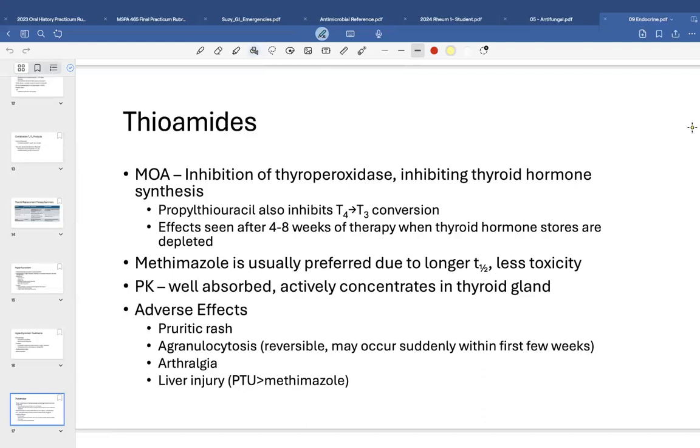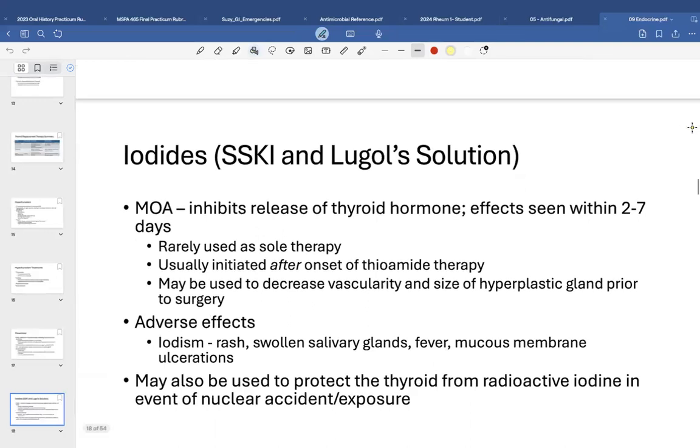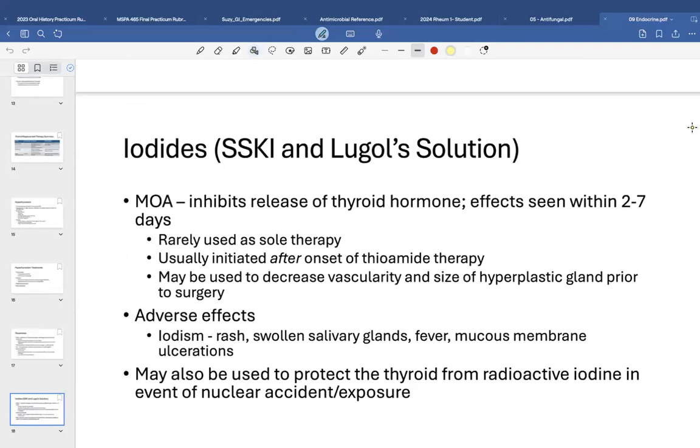The iodides, the saturated solution of potassium iodide and Lugol solution, separately work by inhibiting thyroid hormone release. Again, I want to refer you back to this diagram. There are two different steps, one of which is the iodination, where you're adding the iodide to the precursors, and coupling, and T4 to T3 conversion.